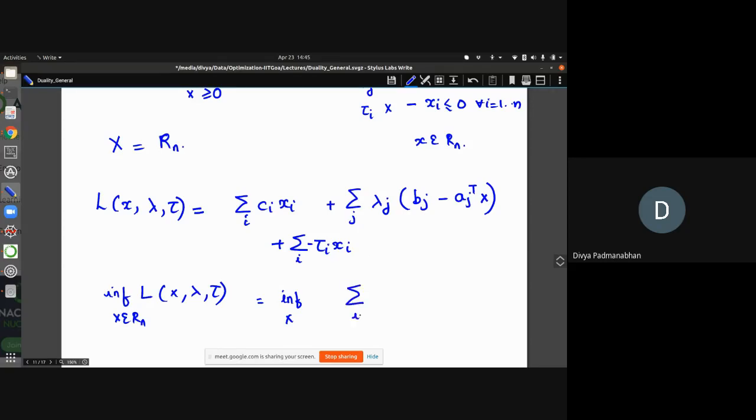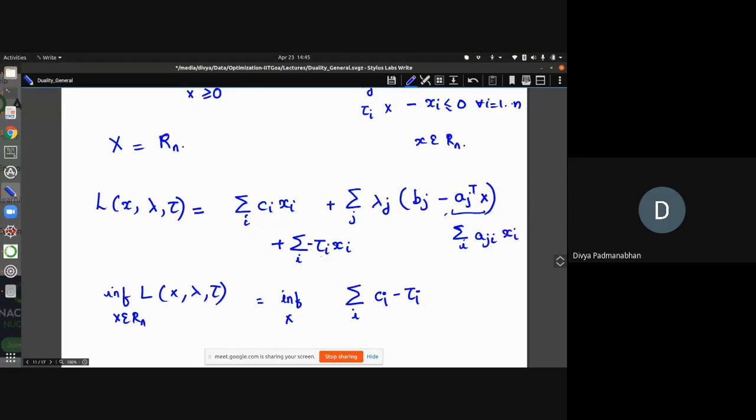So if I take each i, the coefficient of x_i would be c_i, and from this term I'll get a minus tau_i. And each of the A_j's is a vector, so this is actually going to be a_ji times x_i.